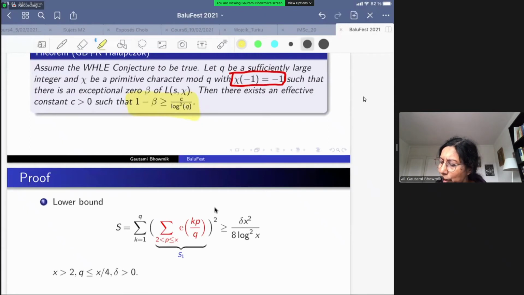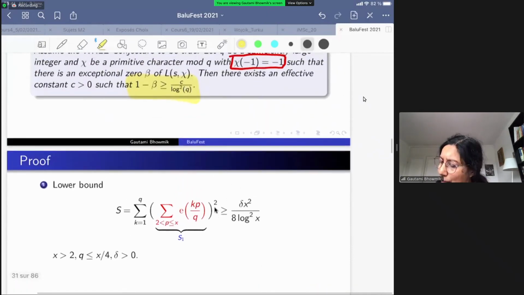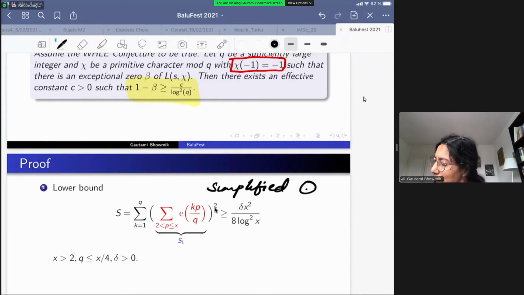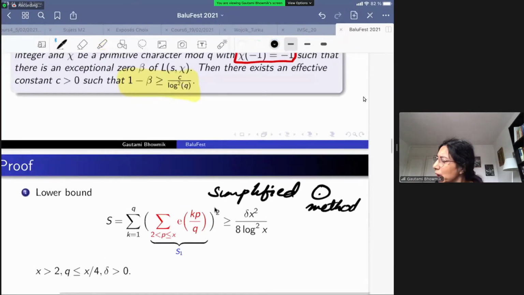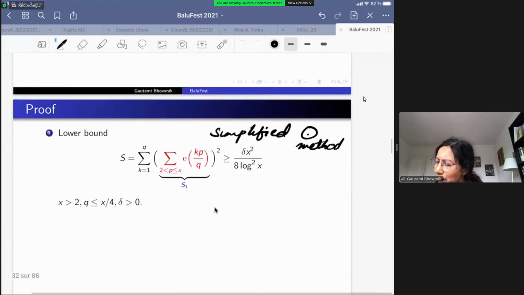The proof uses a simplified circle method, which uses only one modulus, and we use the prime number theorem in arithmetic progression, and then we compare.